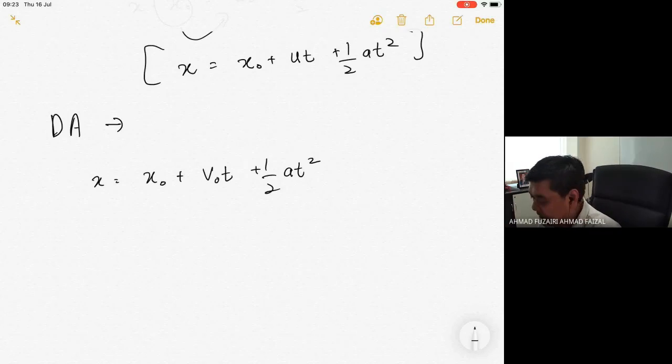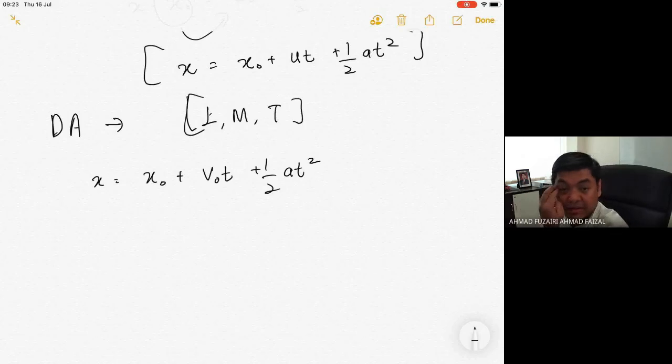Okay, so X, what is X? Ingat dalam sistem dimensional analysis, we only use L, M dengan T sahaja. 3 jenis ni je. Jangan tiba-tiba ada K ke apa, tak ada. It's just L, M and T. So X is length.